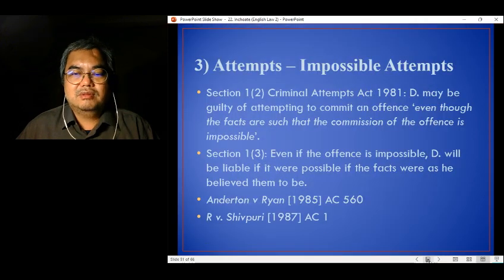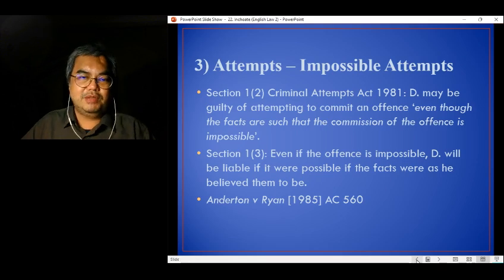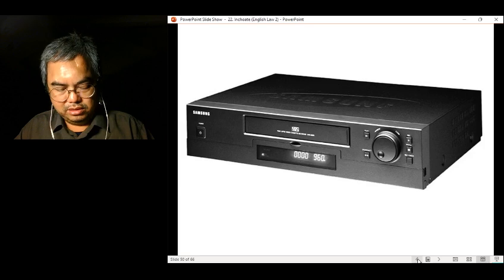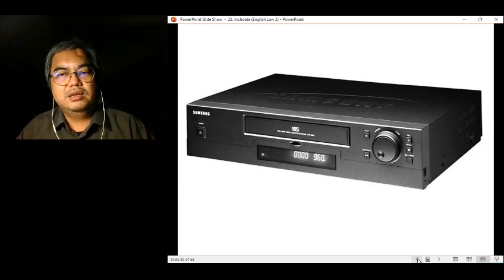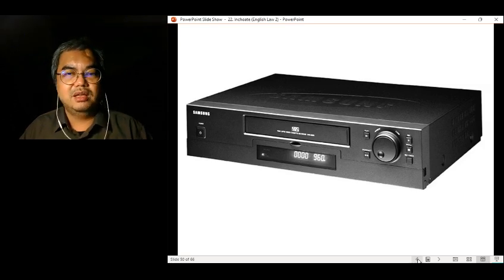So let's go back to the video player first. The accused here thought that the video player was actually stolen before she bought it.